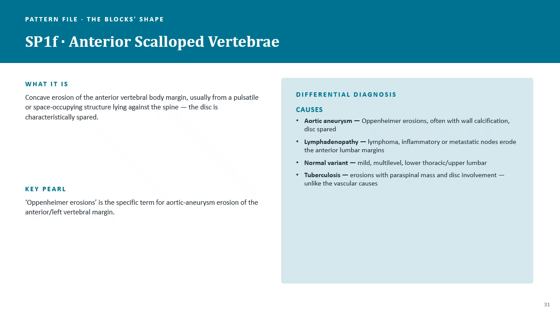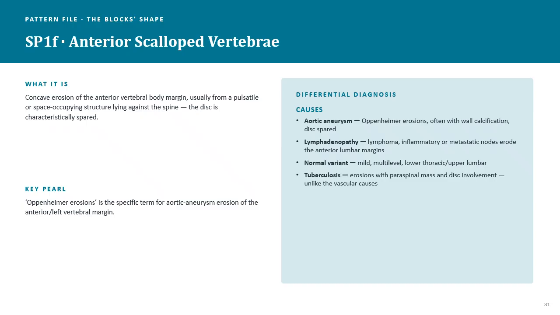So when an aortic aneurysm causes this type of appearance, we call it Oppenheimer erosion. Enlarged lymph nodes or other masses can also press against the vertebrae, and it can also produce this scalloped appearance as well.